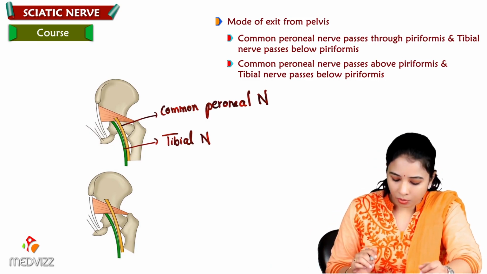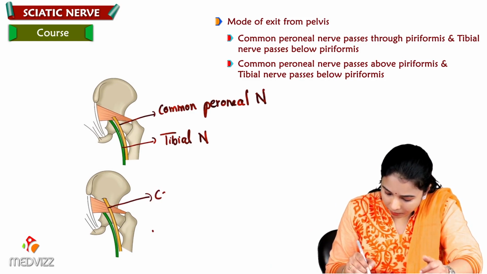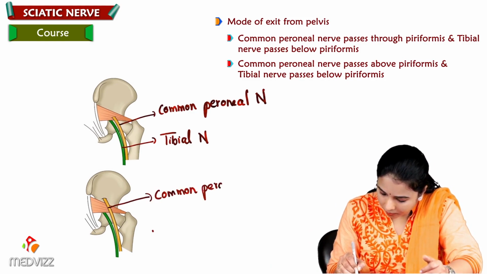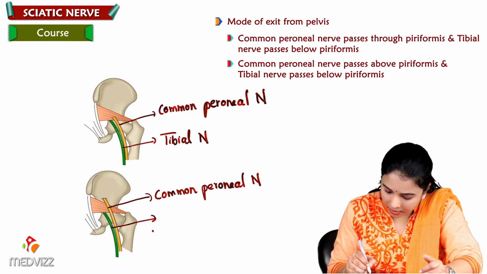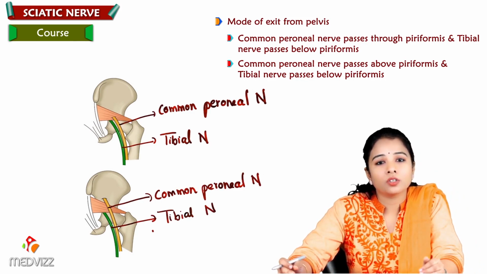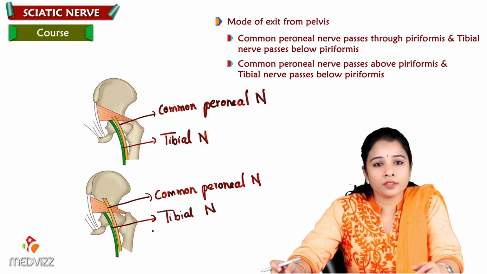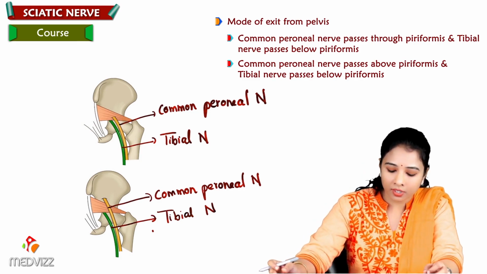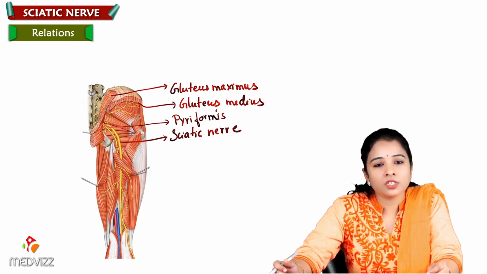Instead of lying through it, it may lie above the piriformis. And the other one, see the tibial nerve, it is underneath it. So these two are the common variations which may happen with the sciatic nerve while it is exiting through the greater sciatic notch. So let's see the relations of the sciatic nerve.